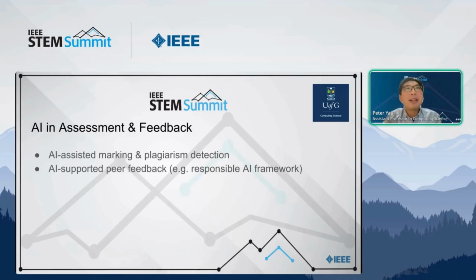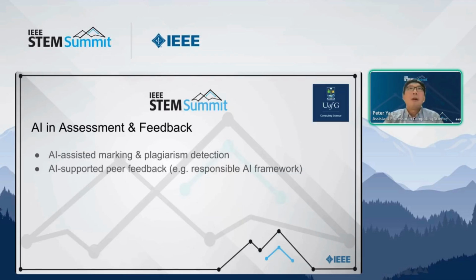Why this matters is because right now AI in assessment and feedback is largely used in marking and plagiarism detection, and not that much applied in peer feedback. But you know that driving students, or you can use this word, motivating them to learn better, or be self-driven, is all about motivation and human interaction.